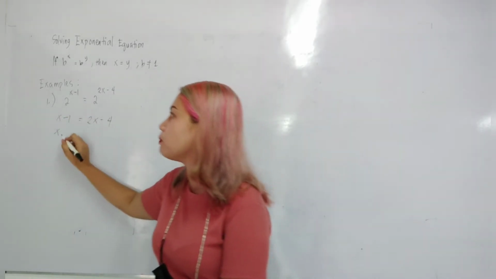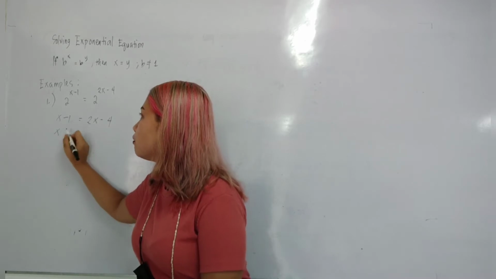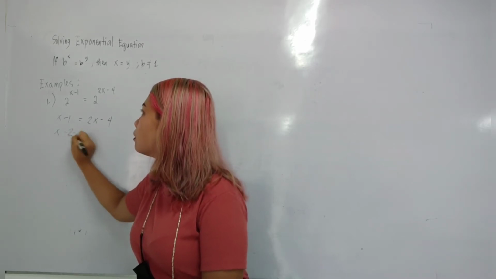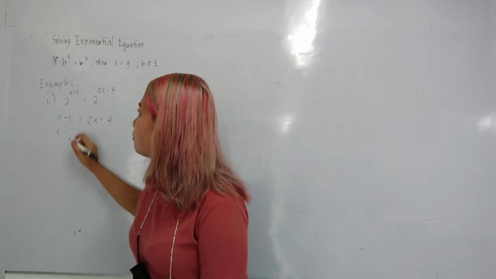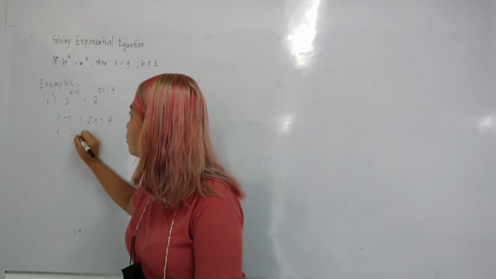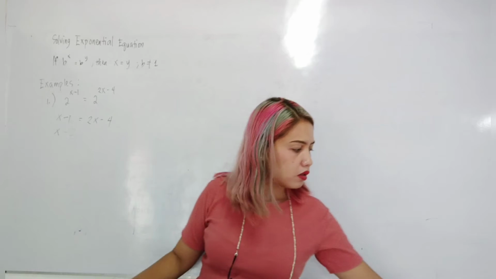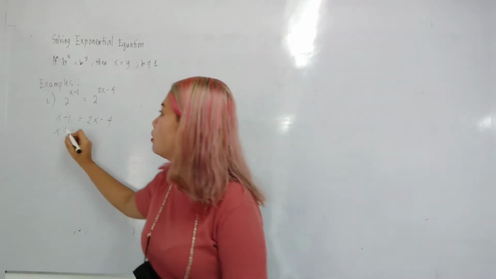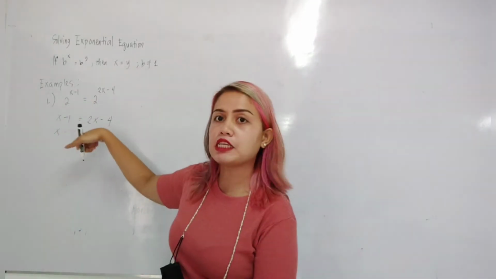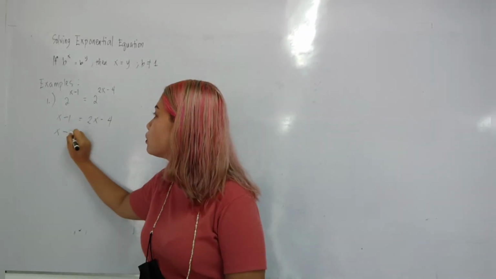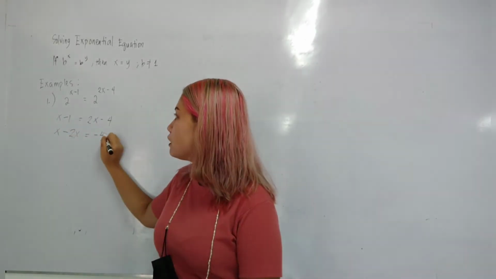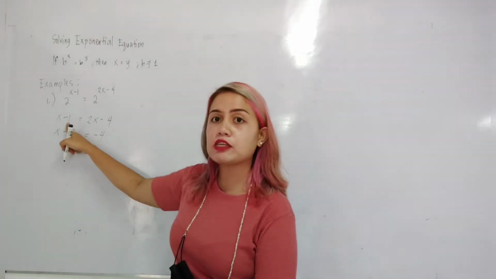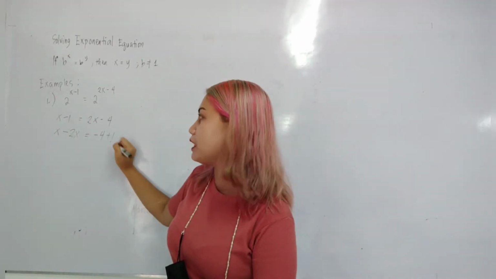So the positive will become negative. If you transfer positive 2x, it will become minus 2x, is equal to, as is, negative 4. You transfer the negative 1, it will become plus 1.